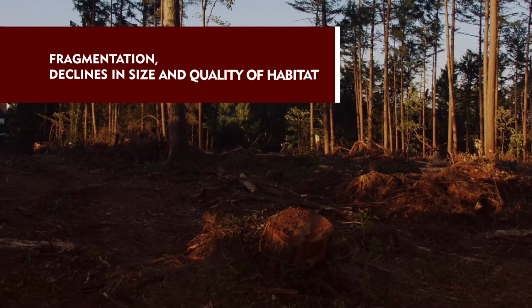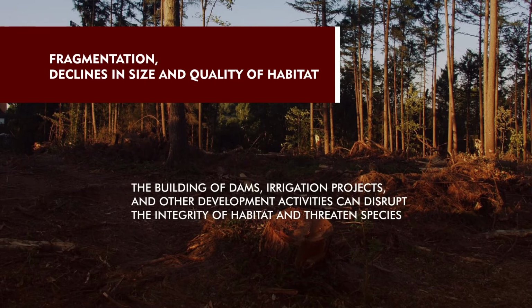When we look at the fragmentation and the decline in size and quality of habitat, all of this is because of the construction of dams, different irrigation projects, and other development activities that disrupt the integrity of habitat and threaten the species diversity, as we call biodiversity, in that area.